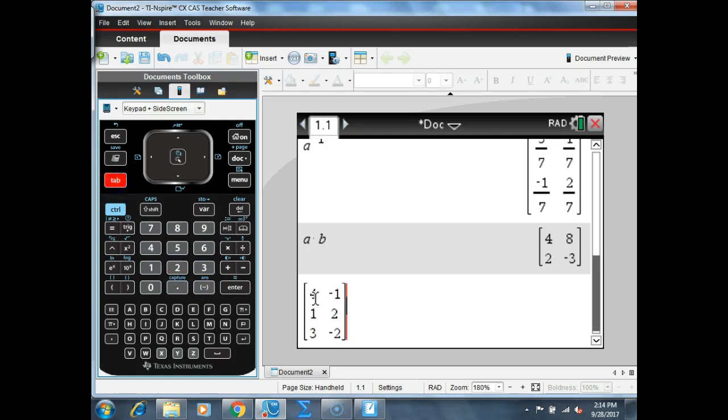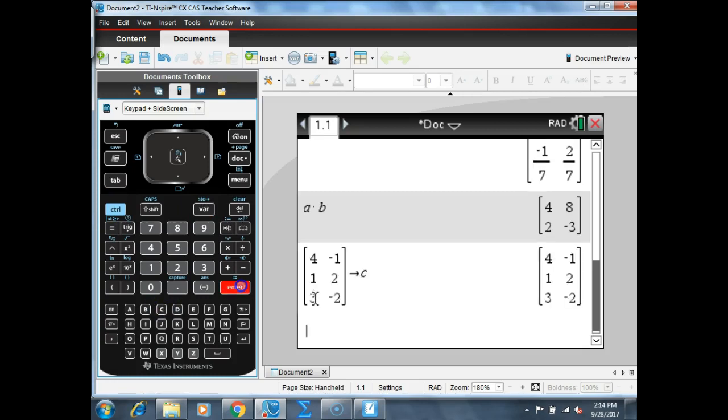And I want to store that one as matrix C. Now I've got that one stored in as matrix C. Okay. Now I can take those and I can do different operations with them.